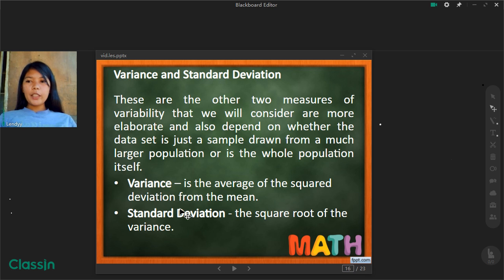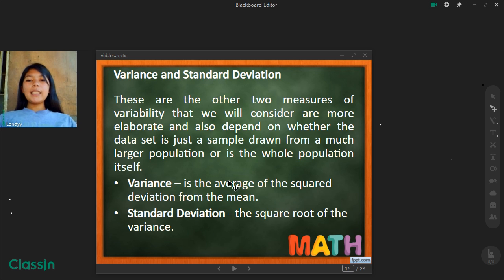So the last component of this measures of variability of ungrouped data is the variance and standard deviation. These are the other two measures of the variability that we will consider that are more elaborate, and it depends on the data set if it is a sample or if it is the whole population.